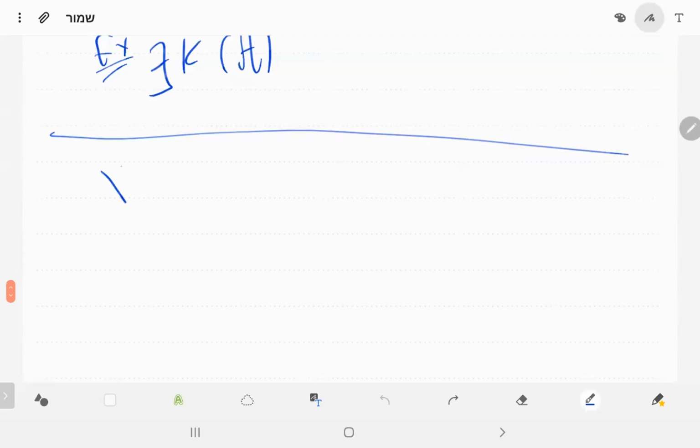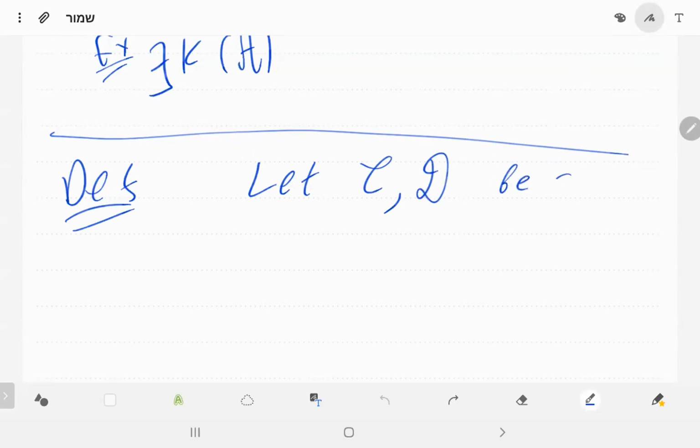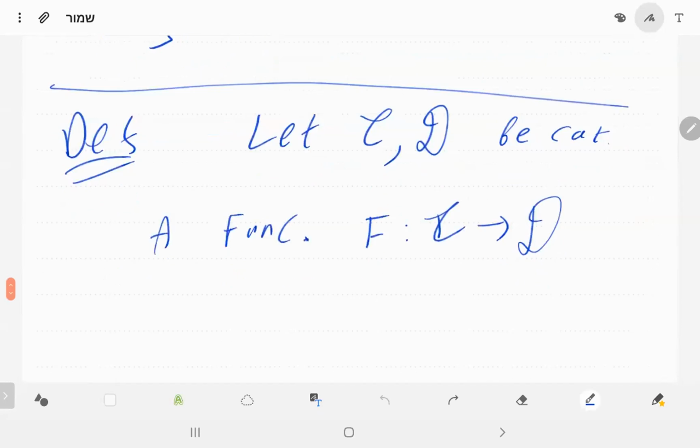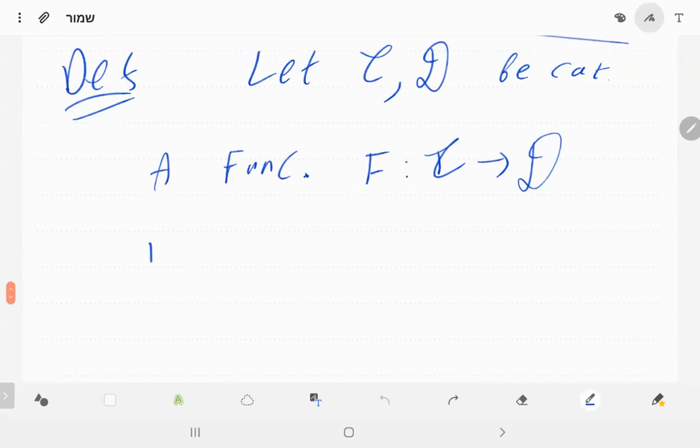So if I have C and D, two categories, let C, D be categories. A functor F from C to D is the following data, which of course by abuse of notation will use the same name.